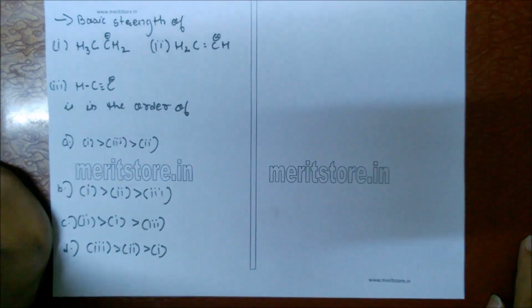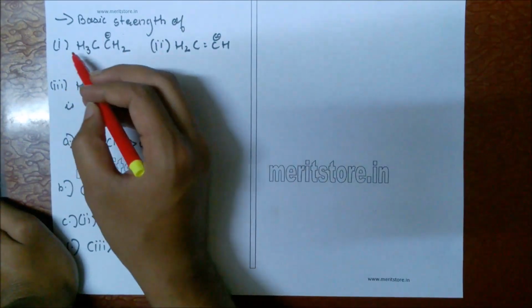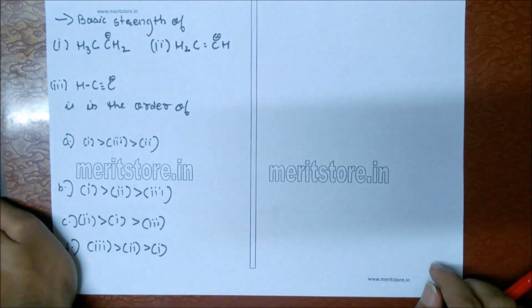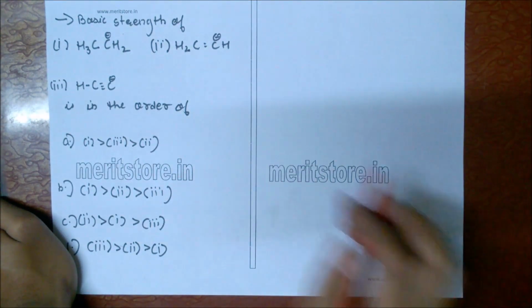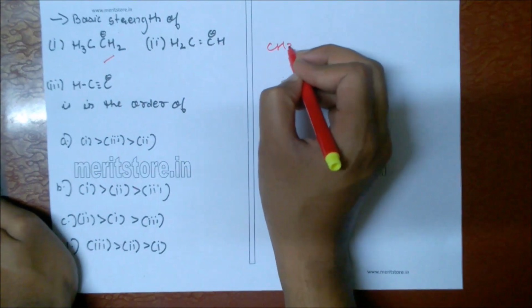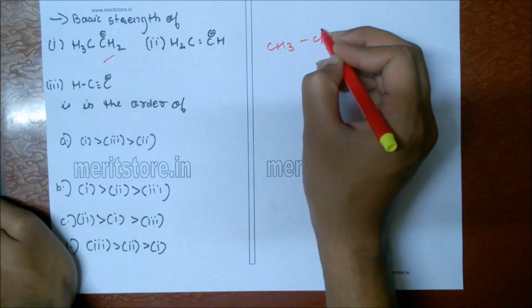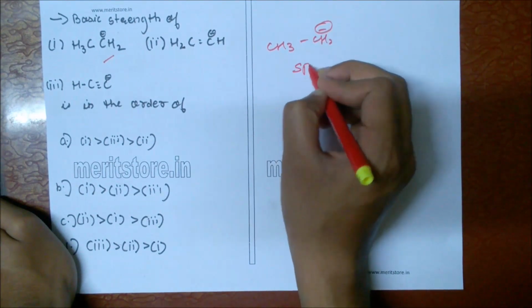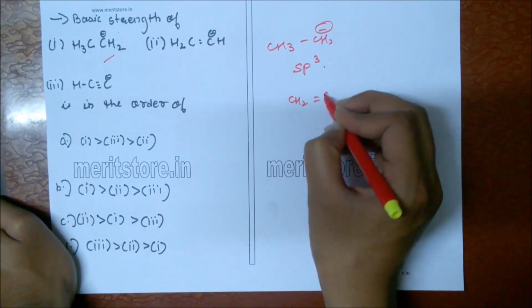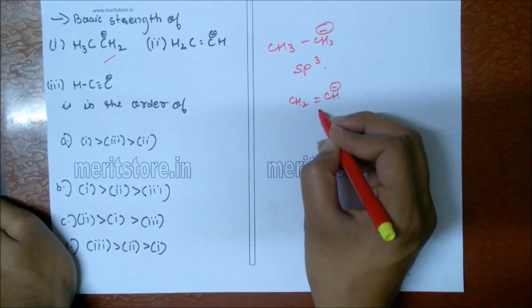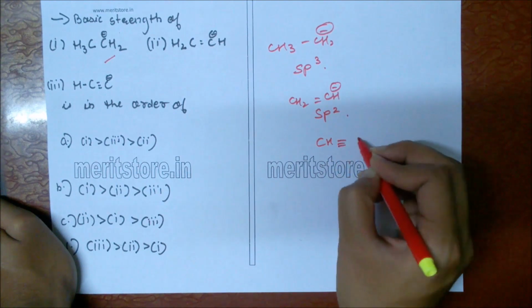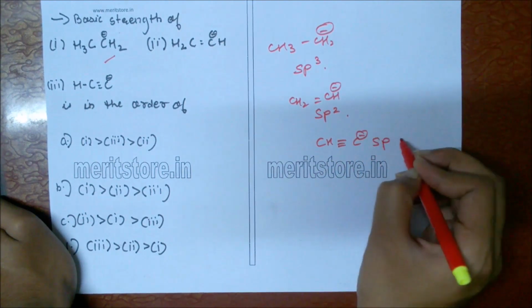Basic strength of options 1, 2 and 3 is in the order of, as the compound carbanion CH3 CH2 minus is sp3 hybridized. The second compound CH2 double bond CH minus is sp2 hybridized, and CH triple bond C minus is sp hybridized.